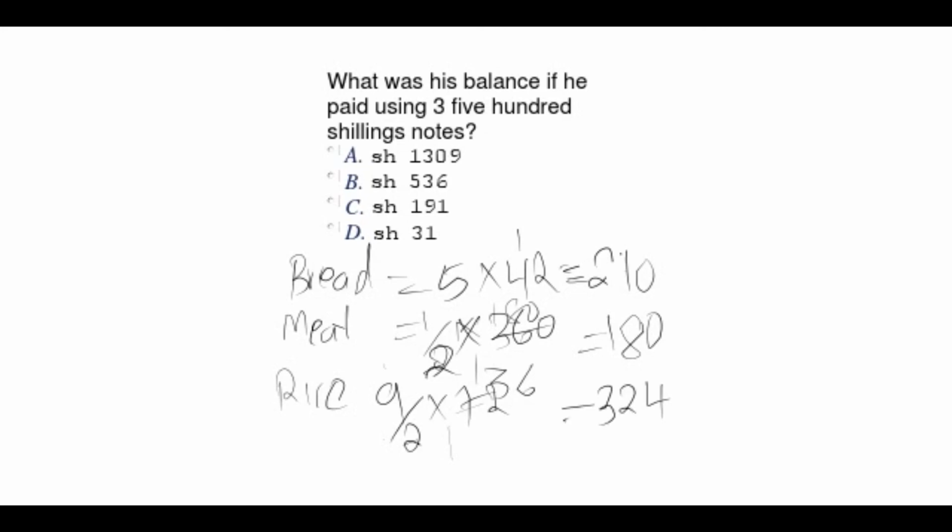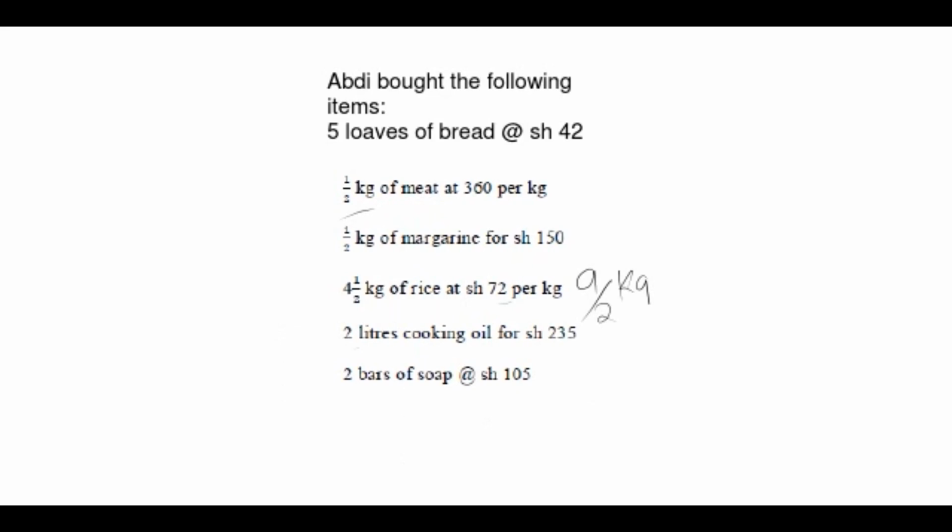So rice is 324 shillings. Next, we have 2 liters of cooking oil for 235.